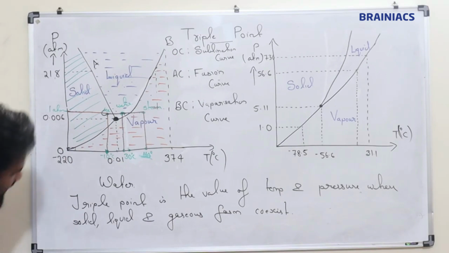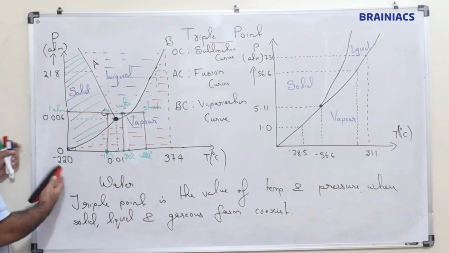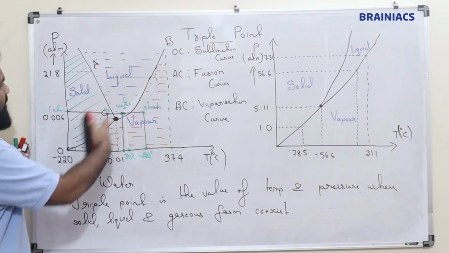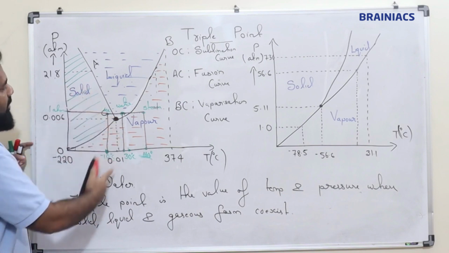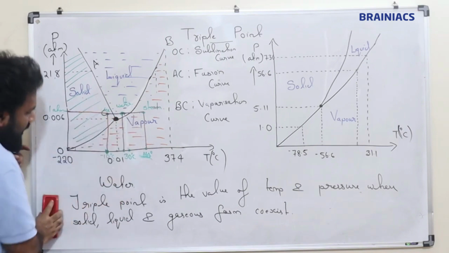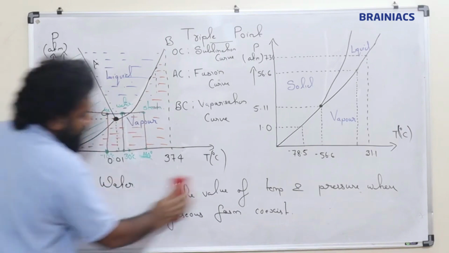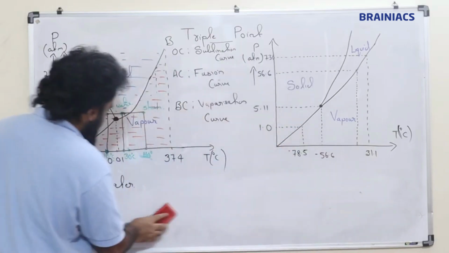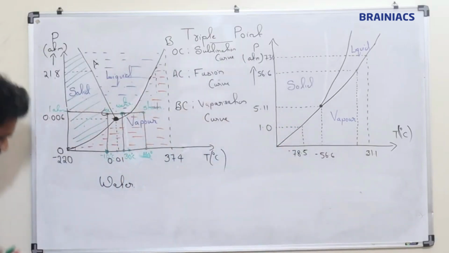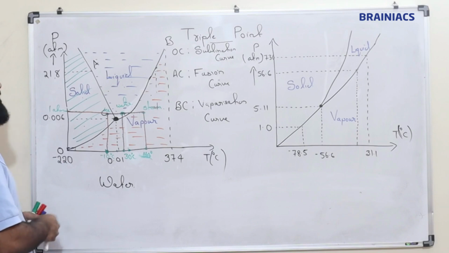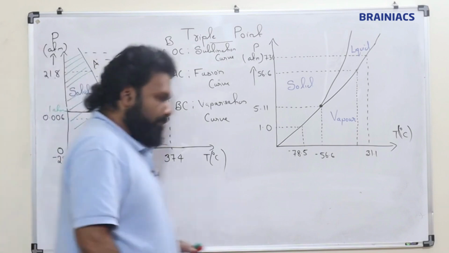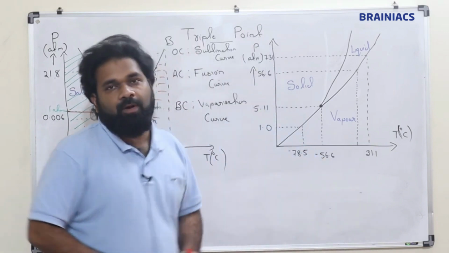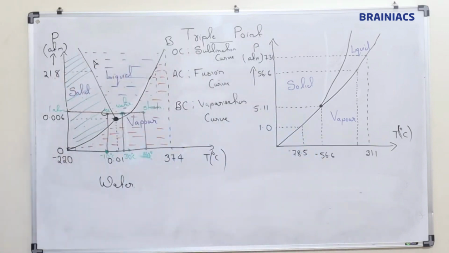Now shall I erase this? So here the vaporization curve, sublimation curve, fusion curve, everything together. Okay, clear? Now what is the boiling point of water? Boiling point of water is 100 degrees Celsius.